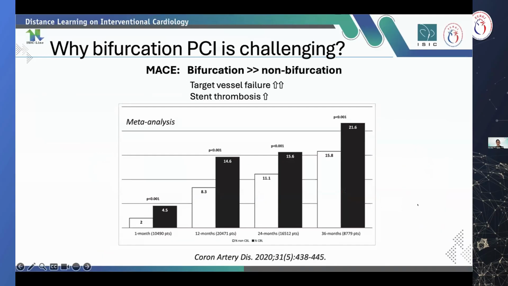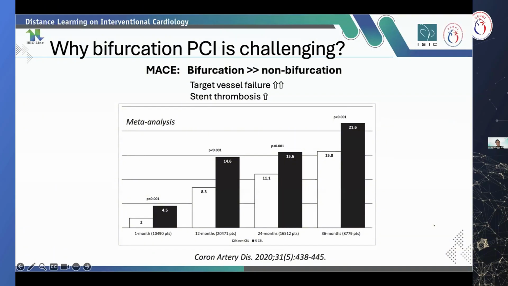So I would like to summarize the recent reports. As you know, in bifurcation PCI, major adverse cardiac events are higher than in non-bifurcation PCI, especially a larger amount of target vessel failure. We also need to care about stent thrombosis in bifurcation PCI.